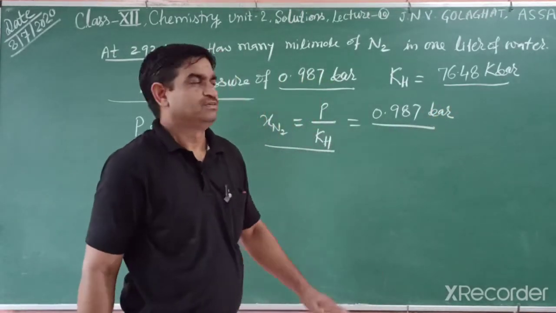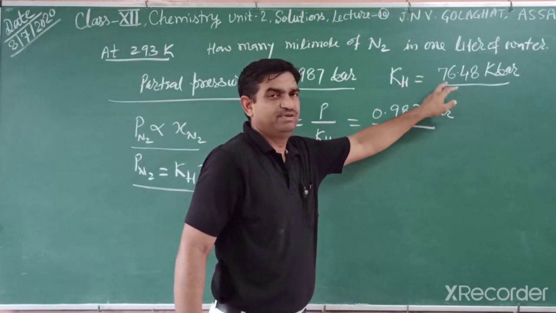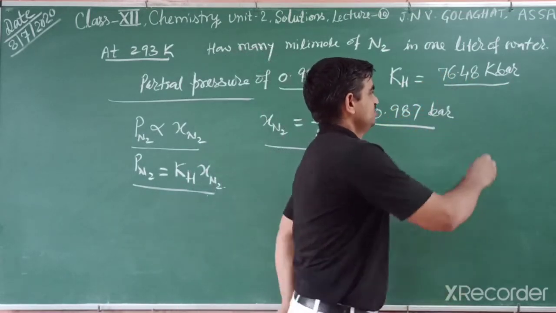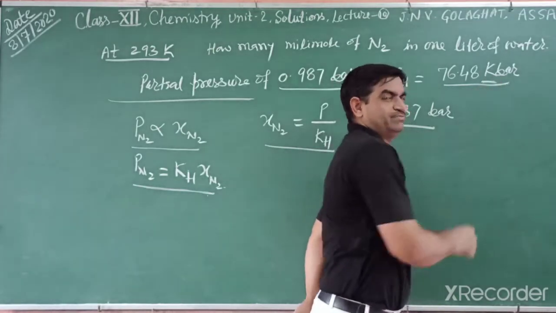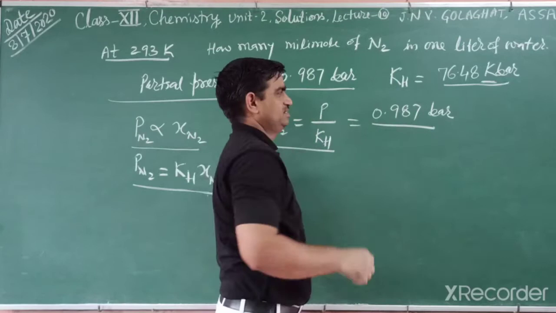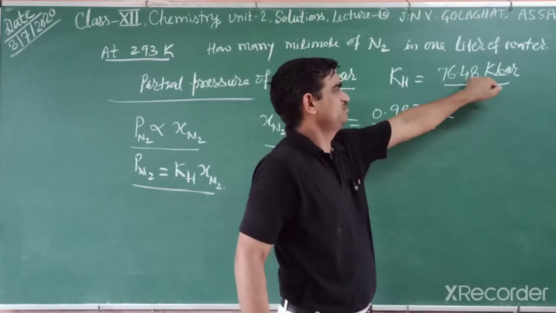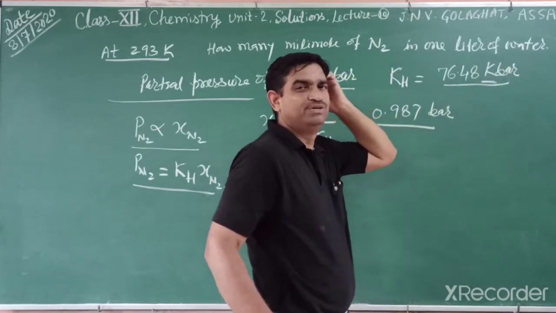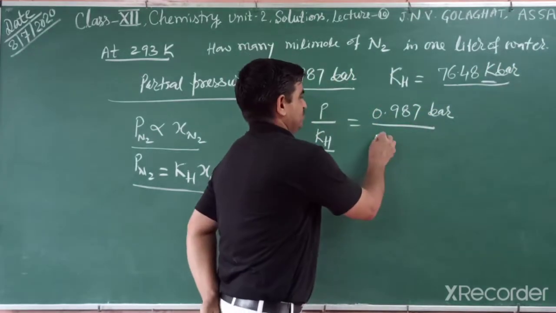Students, what is the Henry's law constant value given? 76.48 kbar. What do you mean by kbar? K means kilobar. Generally students write 76.48 kbar directly, and they don't know what K is. K means kilo, 10 to the power 3.